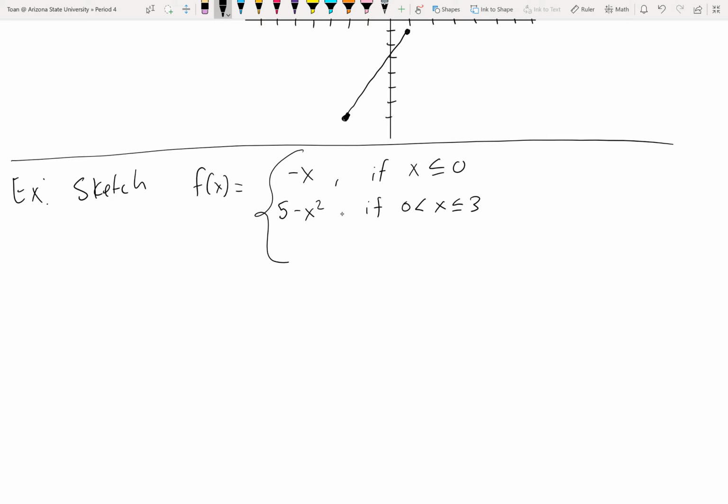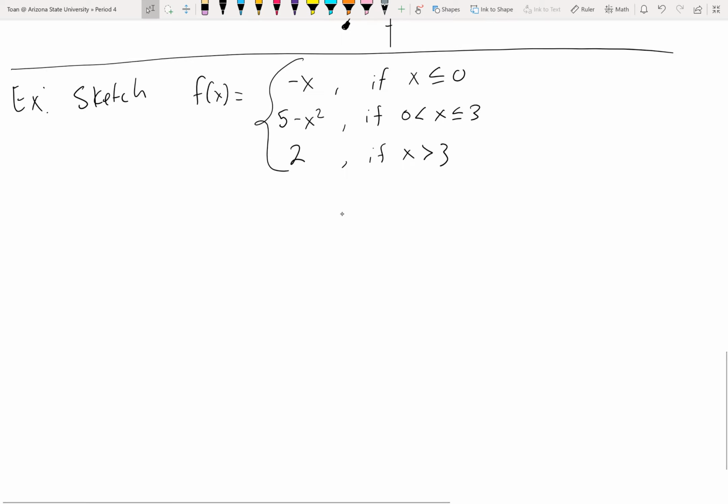And then 2 if x is greater than 3. So this piecewise function looks just like the previous example, a function with domain restrictions, but all together, and there's 3 of them.